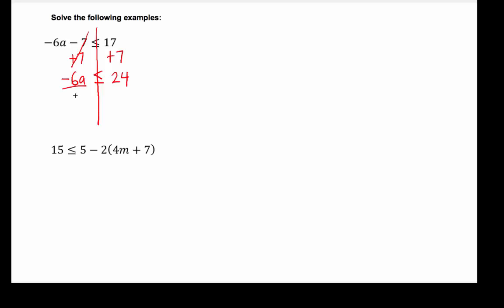I'm going to divide by negative 6 to get a by itself. Remember, negative 6 divided by negative 6 is a coefficient of 1 on a. That's what we want. I divided by a negative, so I need to reverse the inequality. 24 divided by negative 6 is negative 4. So my solution is a is greater than or equal to negative 4.